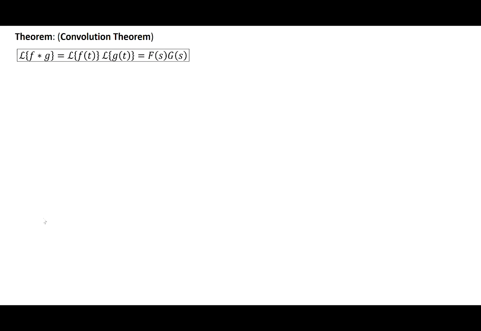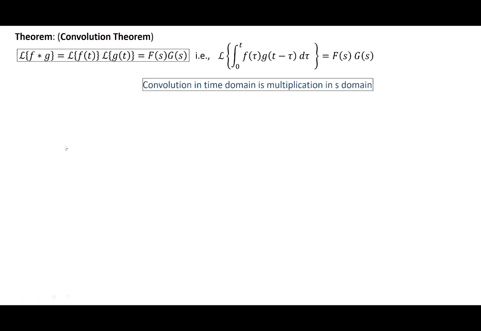How convenient. We do not have to convolve and do all that integral stuff. We can simply multiply f of s and g of s. So what was convolution in time domain is multiplication in s domain. Multiplying functions is infinitely easier than evaluating the integral, and that's the whole idea.